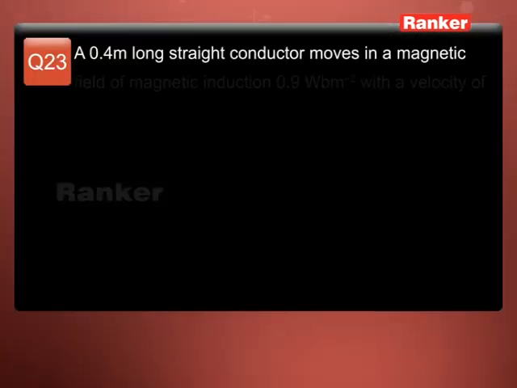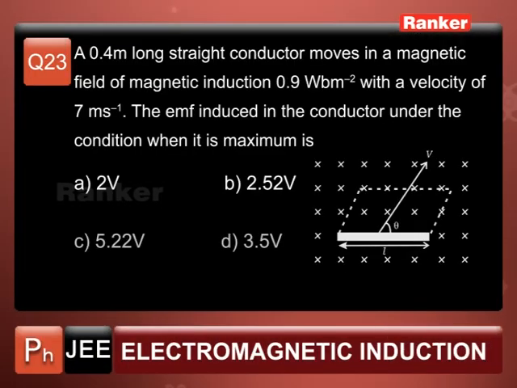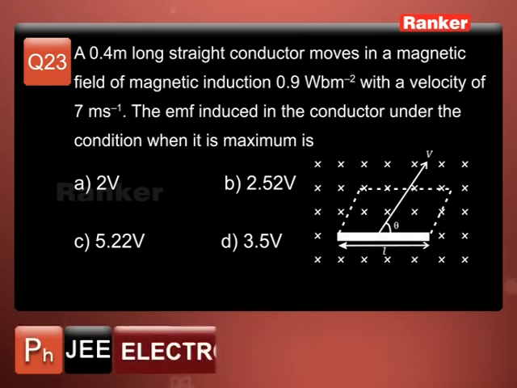A 0.4 meter long straight conductor moves in a magnetic field of magnetic induction 0.9 Weber per meter square with a velocity of 7 meter per second. The EMF induced in the conductor under the condition when it is maximum is how much?